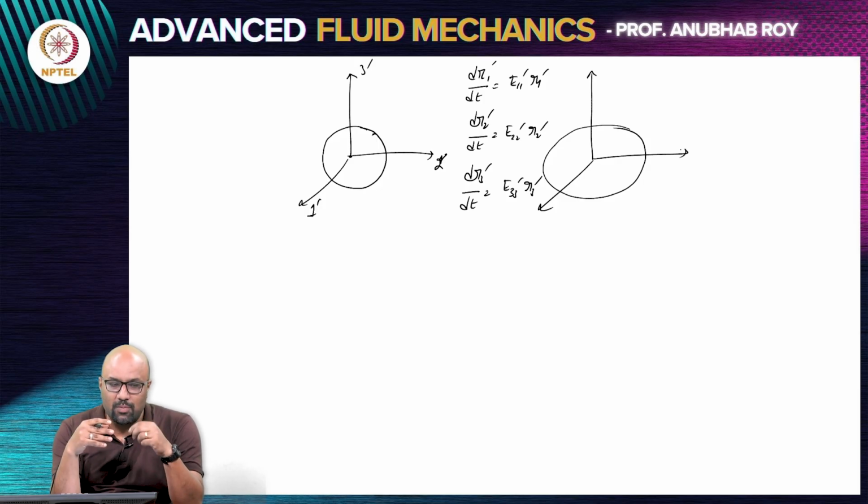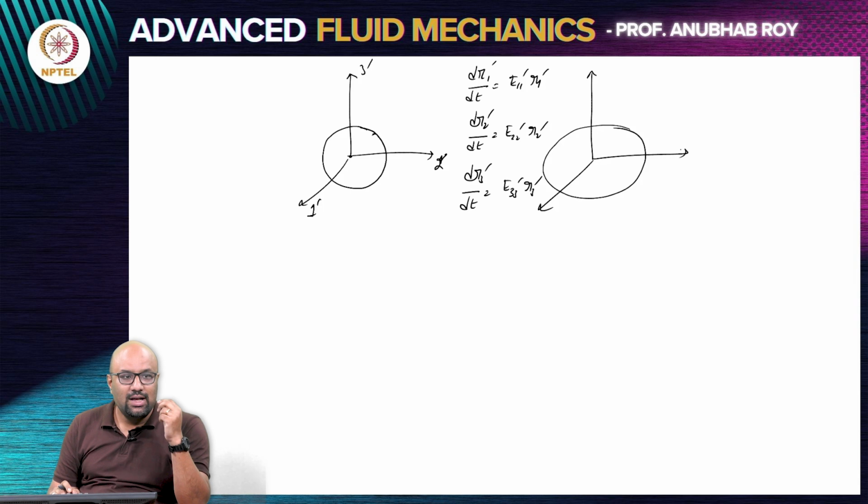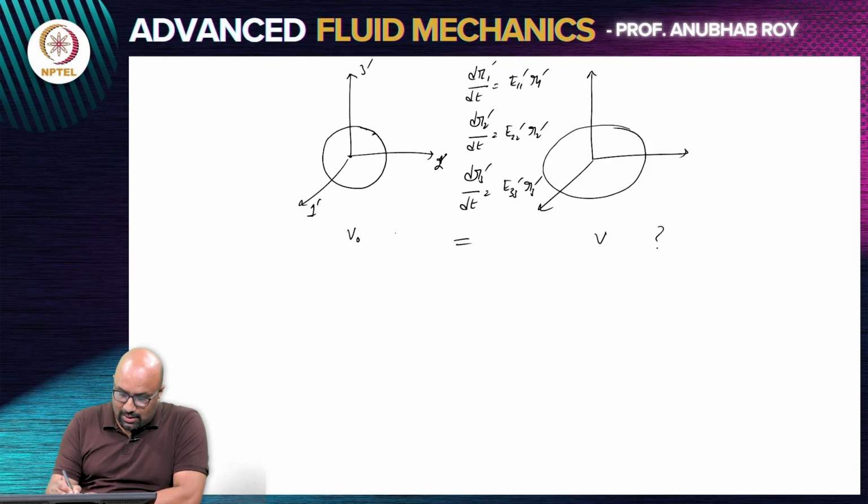But this should also make you start to ask a question: are the two volumes the same? So, if this was the volume initially and this is the volume that you get after some time, should they be equal or is that not guaranteed? So, to do this, what we will try to actually look into is that we have this small volume.